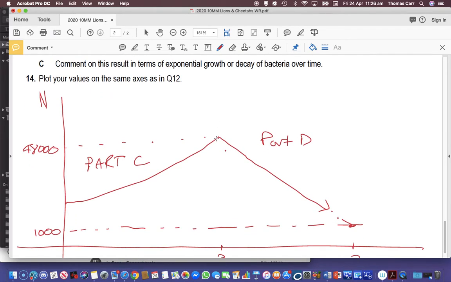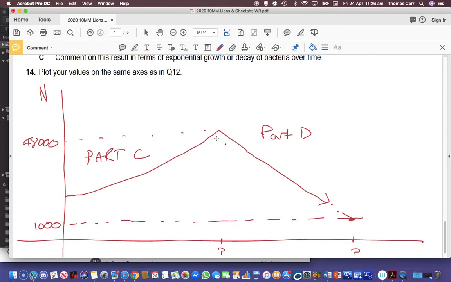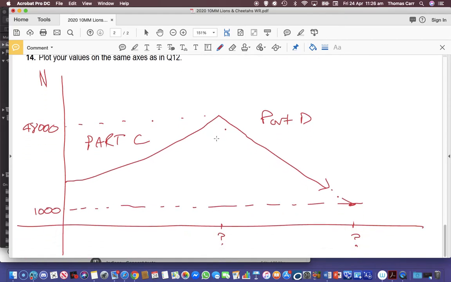The only thing a bit weird about this one is because we're tacking it on to here, day 1 in part D is going to be here. So if that was, say, 17, it's the 18th day after all of this began.